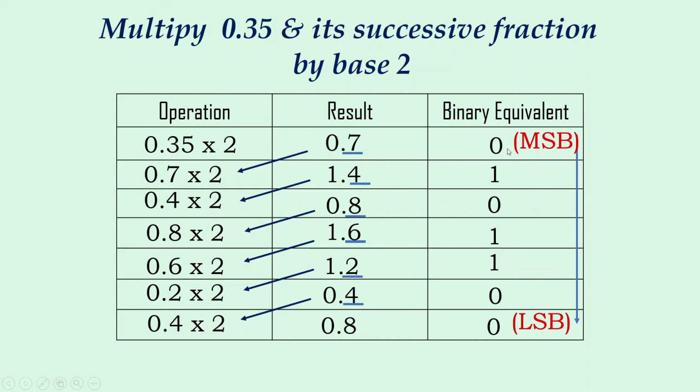The upper part is MSB and the lower part is LSB. So the binary equivalent of 0.35 is 0101100. This 0 is my MSB and this 0 is my LSB for the right hand side part.